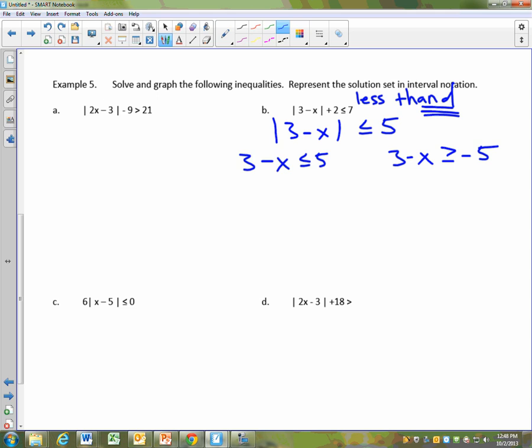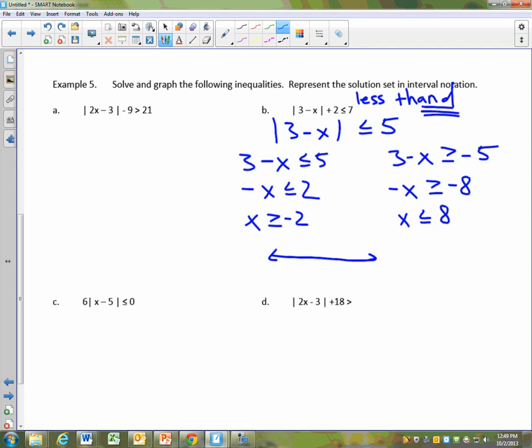Now I solve. Negative x less than or equal to 2. When I divide by negative 1, I have to switch the sign. So x greater than or equal to negative 2. Same thing here. Negative x greater than or equal to negative 8. Divide by negative 1. I switch the sign. x less than or equal to positive 8.